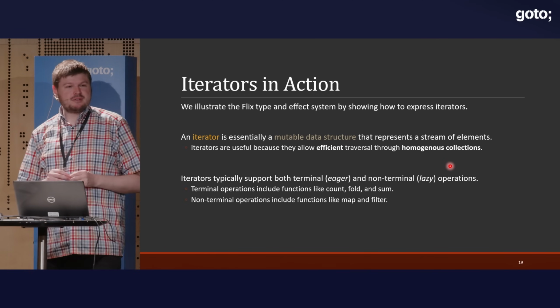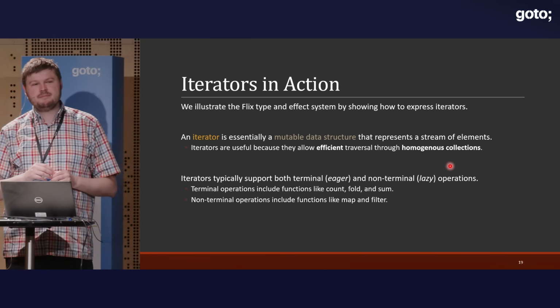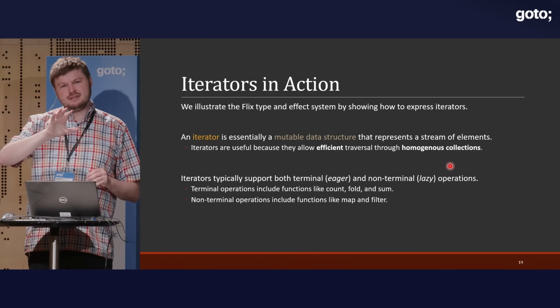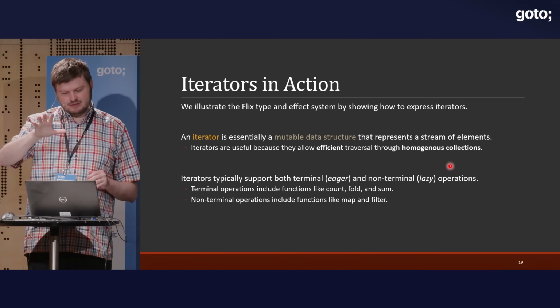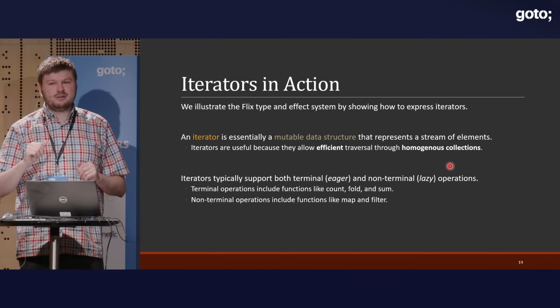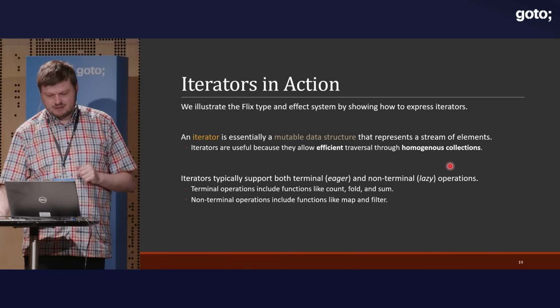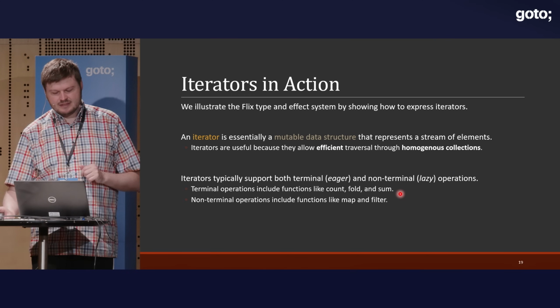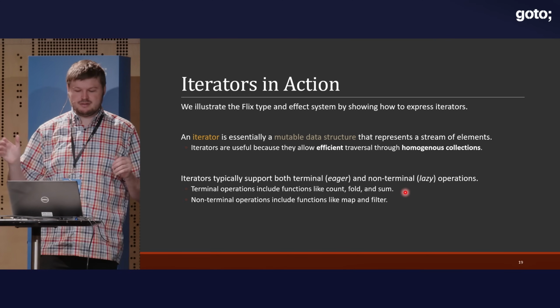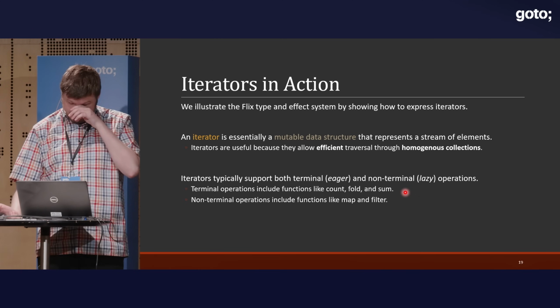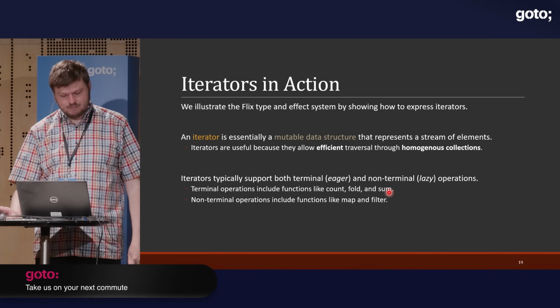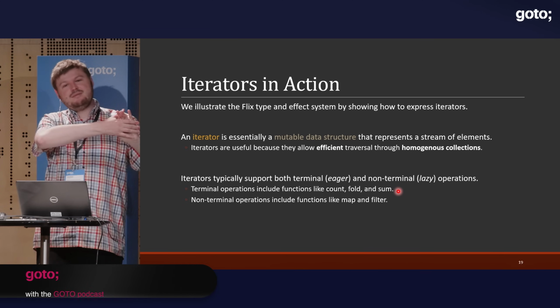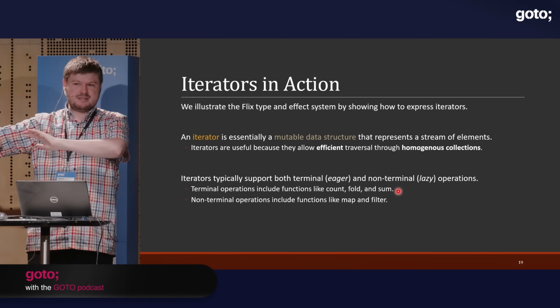Now with iterators, you should keep in mind there are kind of two operations on them. There are what I call terminal (parentheses, eager) and what I call non-terminal operations. So eager operations, terminal operations, are things that evaluate the full iterator, right? So if you have an iterator of integers and you say sum, like you want to compute the sum, well, that's going to evaluate the complete iterator, adding up all the elements.